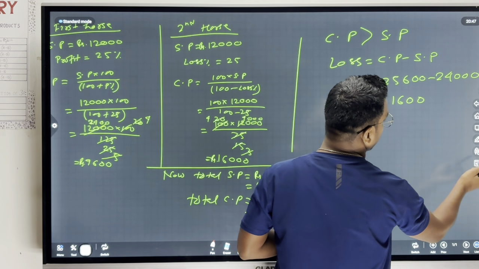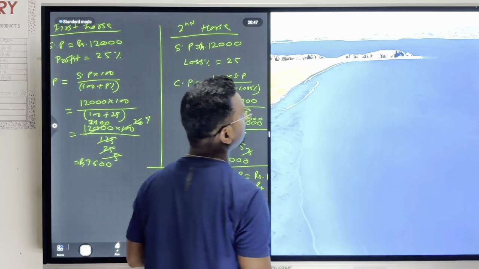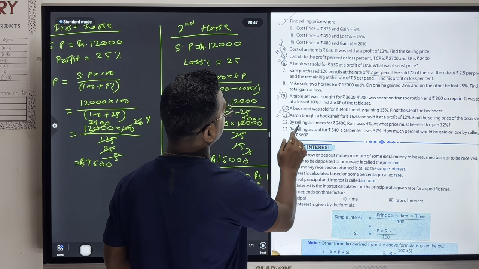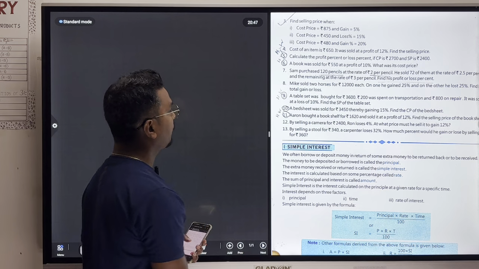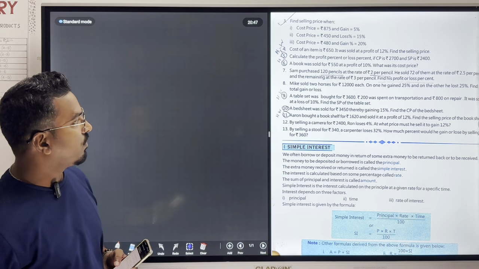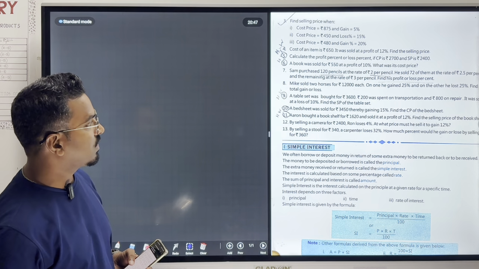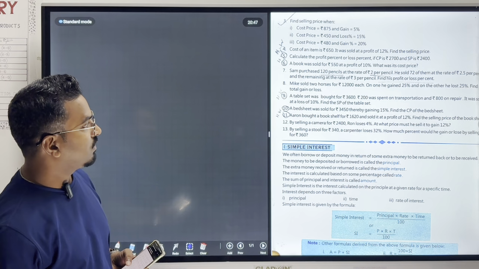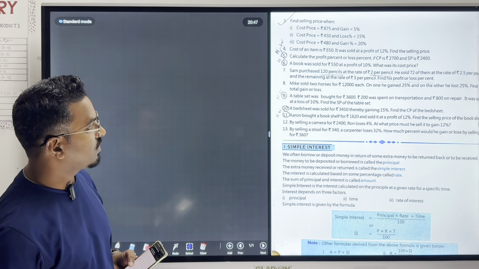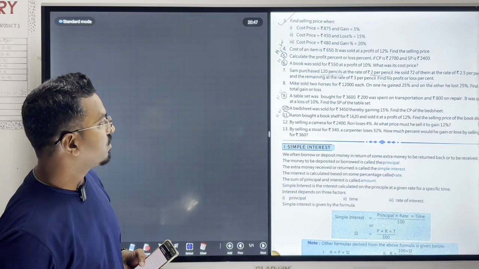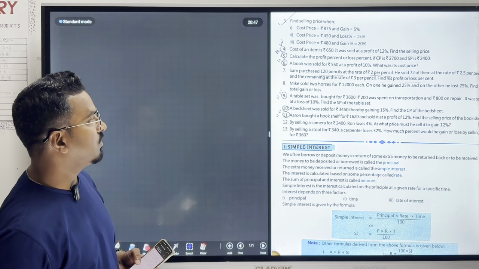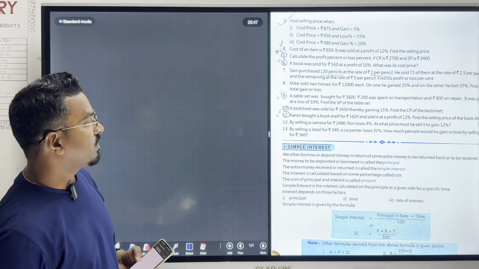Moving to the next question. Question number 9. A table set was bought for rupees 3,600, and 200 was spent on transportation and 800 on repair. It was sold at a loss of 10%. Find the selling price of the table.